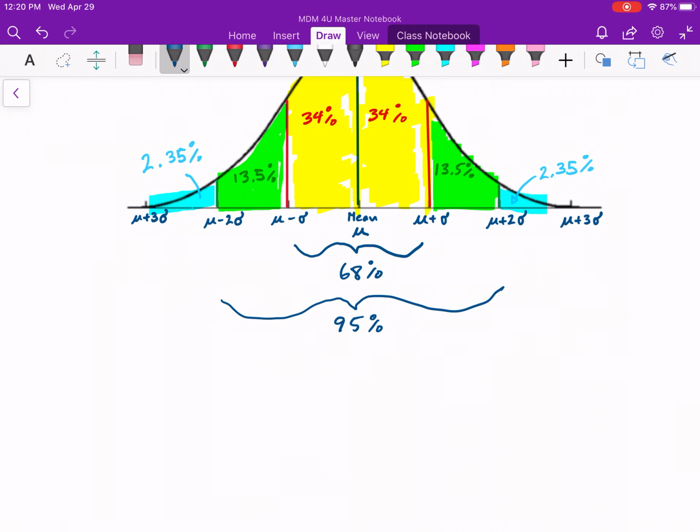Add that to the 95 we already have, and we get 99.7%. Almost 100%, almost all data in a normal distribution will fall within 3 standard deviations above or below the mean. So we can then use that to make calculations and predictions about things in the future.